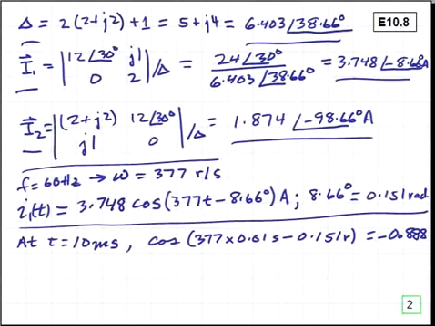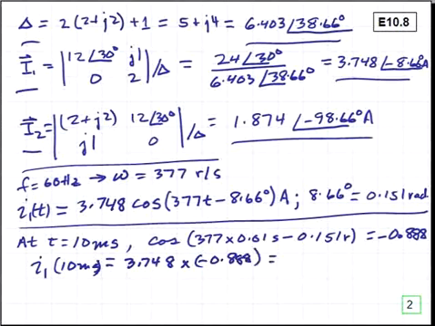Then we can say that I1 at 10 milliseconds is equal to the amplitude 3.748 amperes times this minus 0.888 for the cosine, and that is equal to minus 3.329 amperes. So we'll need that number in order to calculate the energy storage in the inductors and the mutual inductance.